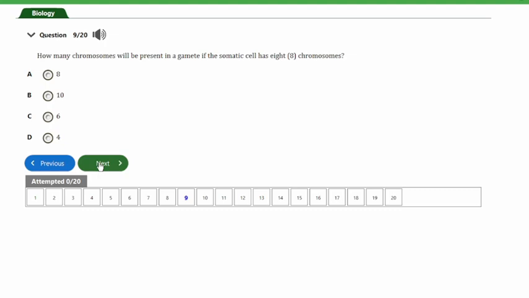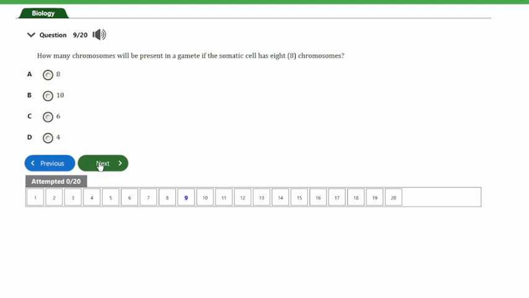The gamete refers to the sex cells, and the sex cells always produce half the number of chromosomes that is in the cells of other parts of the body. The cells of other parts of the body are the somatic cells. So guys, that's the simple explanation to this. I believe with this explanation, you must have guessed rightly the answer to this question.